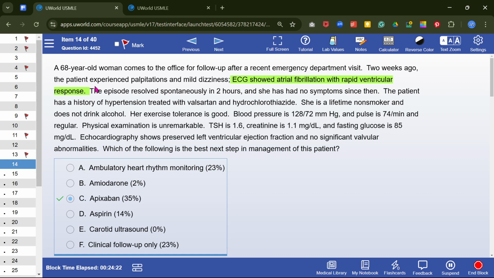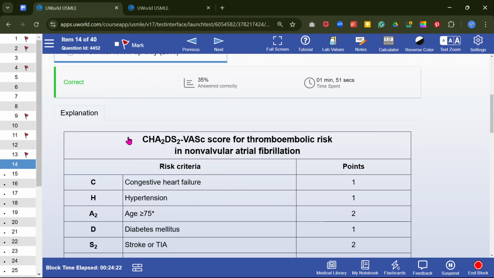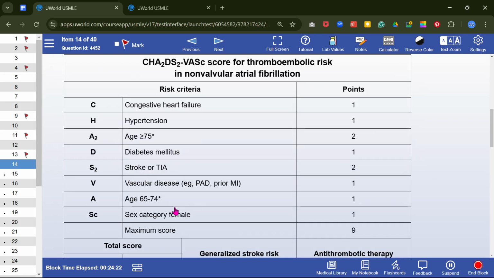She got 1 point as she is female. She has hypertension, and her age is 68, in between 65 to 74, so she got 1 point. So it is three. Got it?